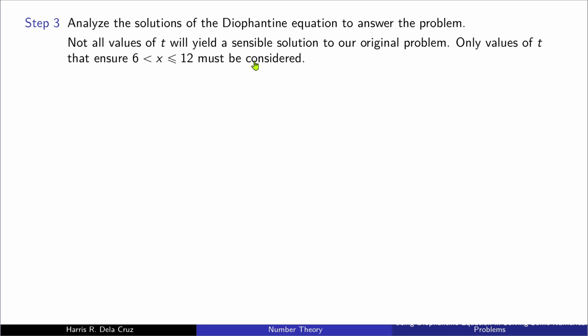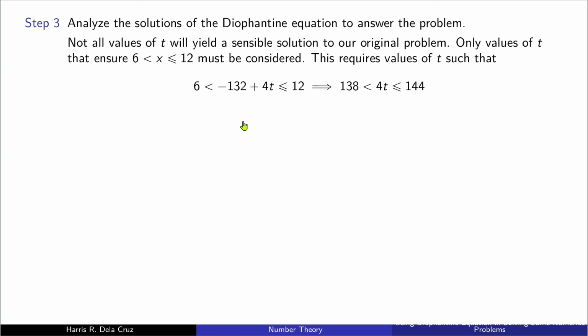Well, ano bang ibig sabihin para ang x maging between 6 to 12? Yung value ng x natin is negative 132 plus 4t. So, gusto natin between 6 to 12 lang siya. Hindi pwedeng equal sa 6 kasi gusto natin mas marami yung apples kaysa sa oranges. So, dapat mas malaki sa 6. Pwedeng mag-equal sa 12. Pero ang ibig sabihin, pag ang apple naging equal sa 12, wala kang orange na binili.